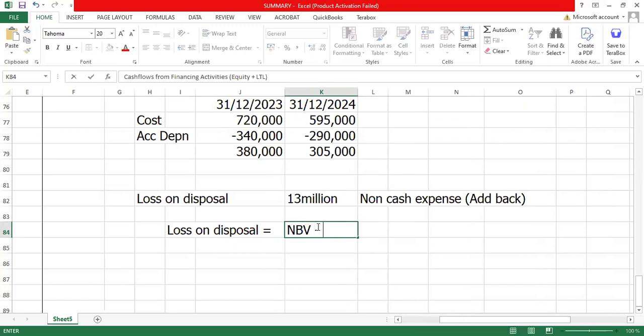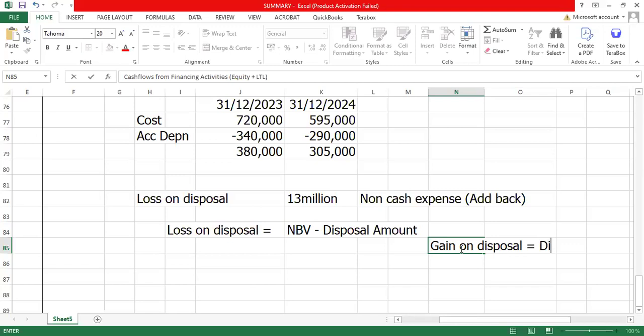So you get net book value minus the disposal amount. But if it's a gain on disposal, the disposal amount must be high. So it is disposal amount minus the net book value.